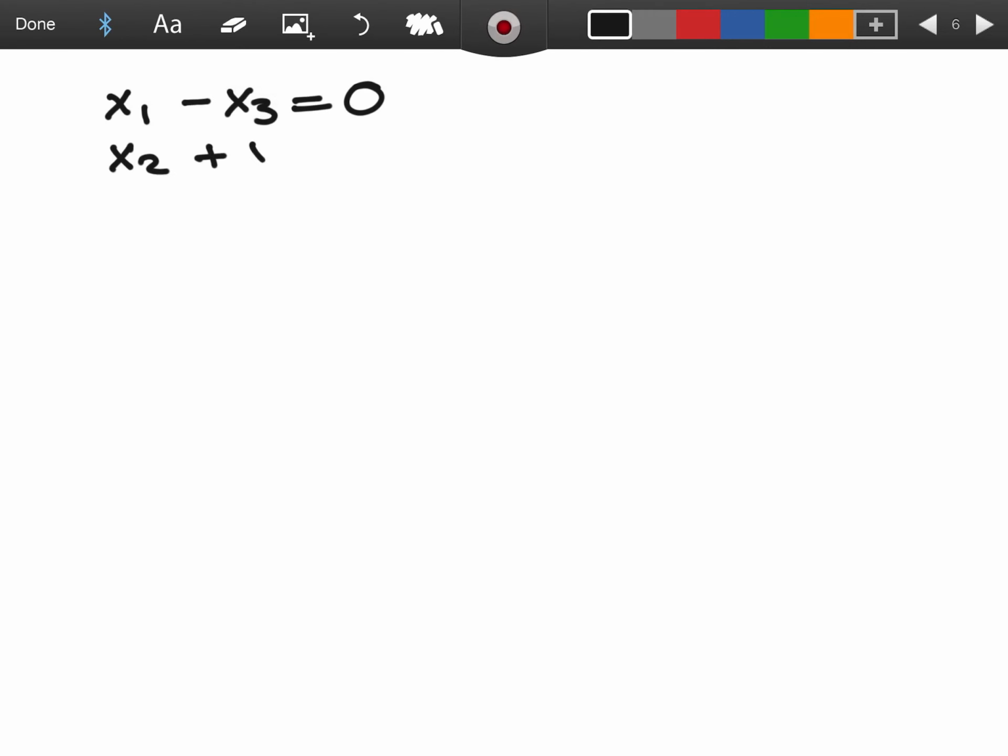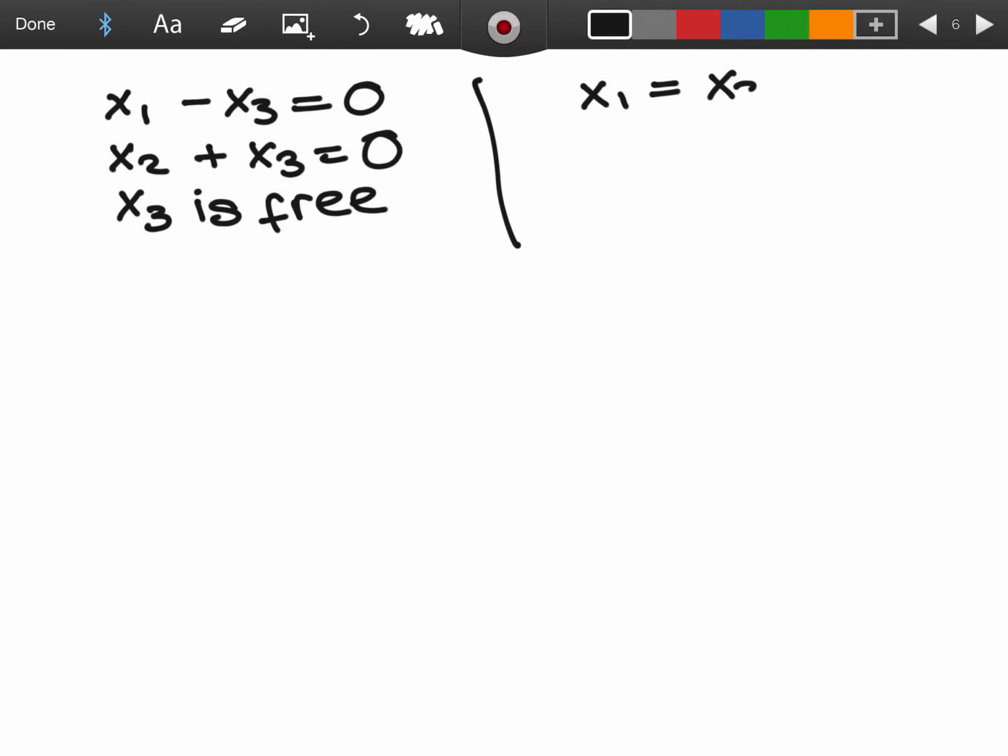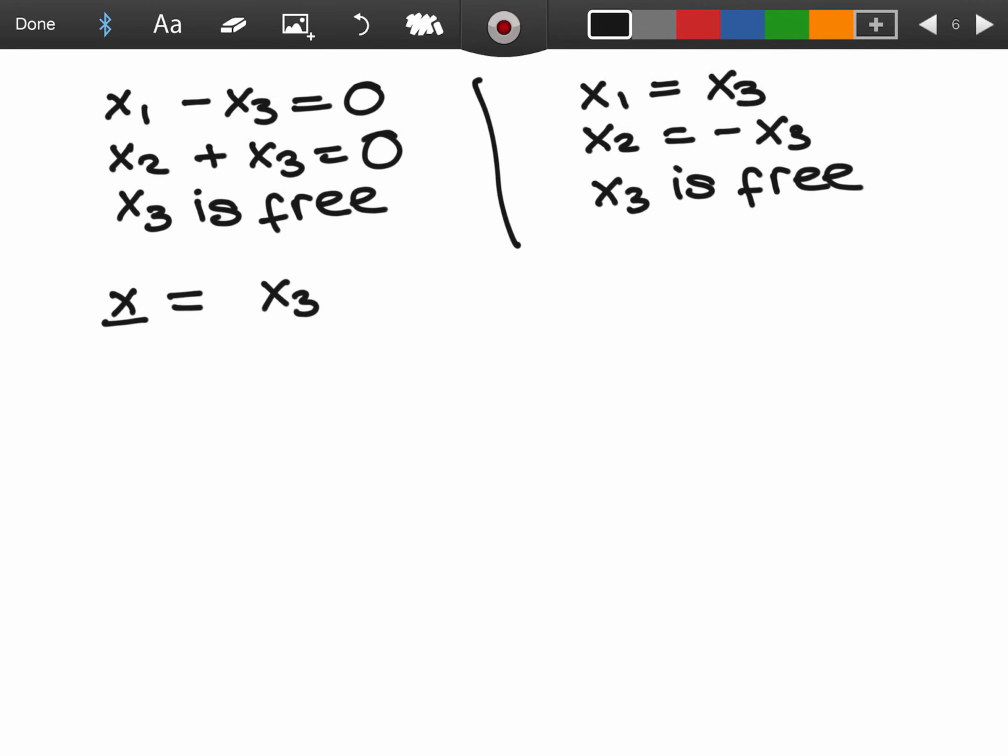From the second line of that matrix, we get x2 plus x3 is 0. There are no pivots in the third column, so we know that x3 is free. I'm going to rearrange these in terms of my free variable, so x1 is equal to x3, x2 is negative x3, and x3 is free.